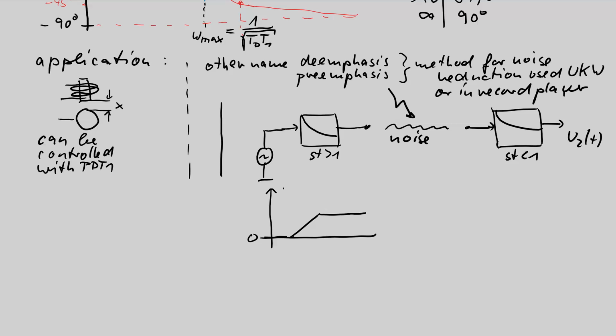Now that is the magnitude of this filter. That means high frequency signal parts have larger amplitudes. This is possible because in audio signals the low frequency amplitudes are much larger than the high frequency amplitudes. So this increase does not lead to a saturation.